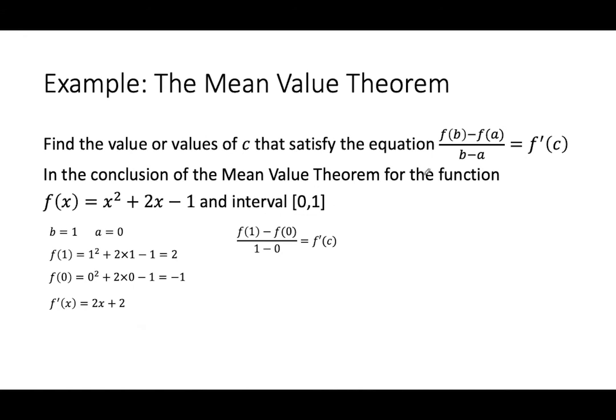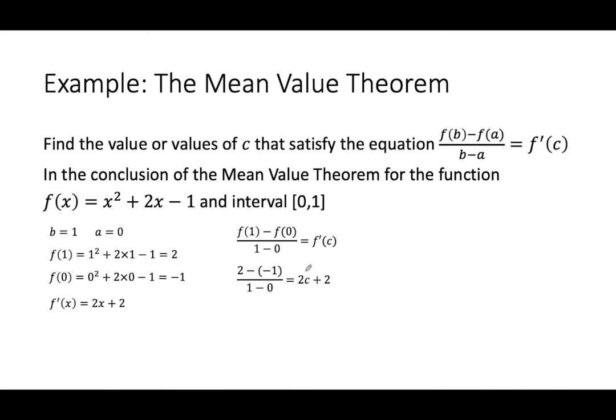So if we plug in all the values, instead of b we write 1, and instead of a we write 0: f of 1 minus f of 0 over 1 minus 0, and this is equal to f prime c. If we plug in all the values, f of 1 is 2, f of 0 is -1, over 1 minus 0.